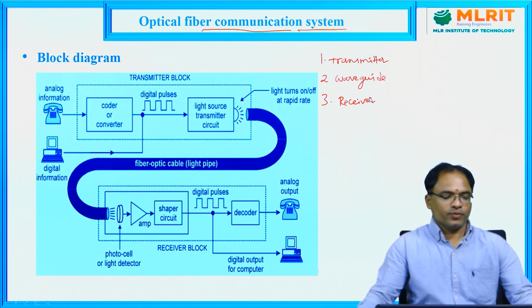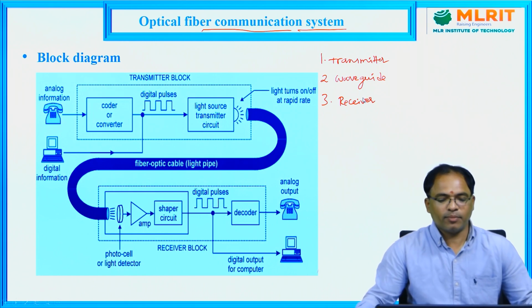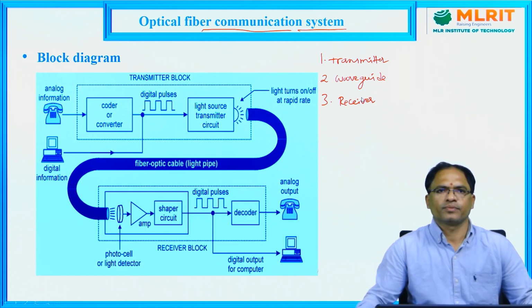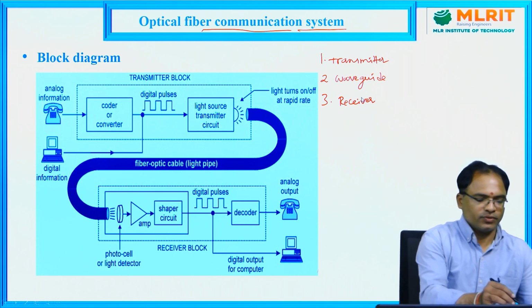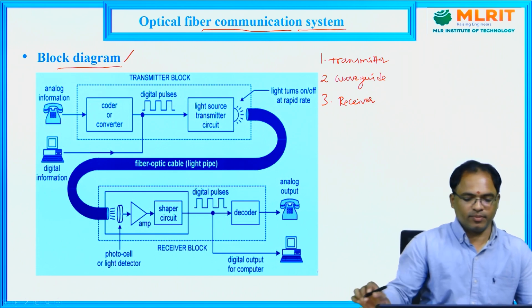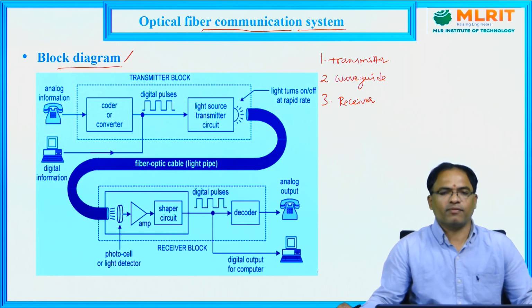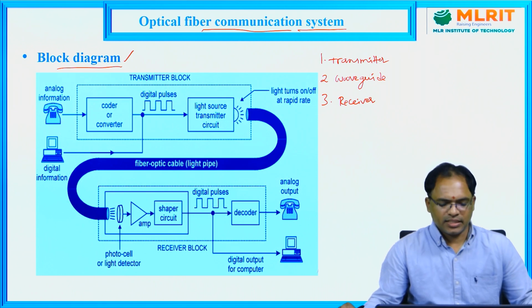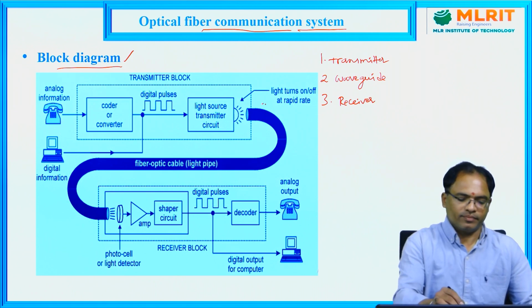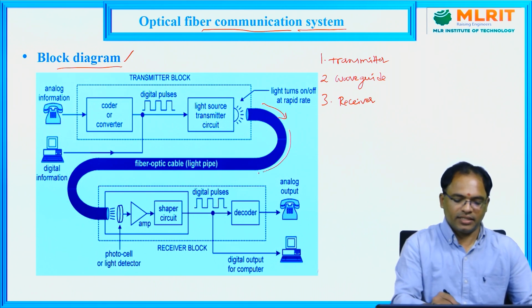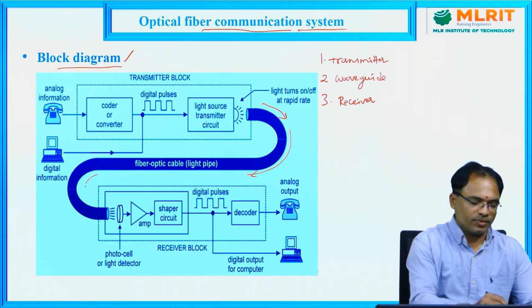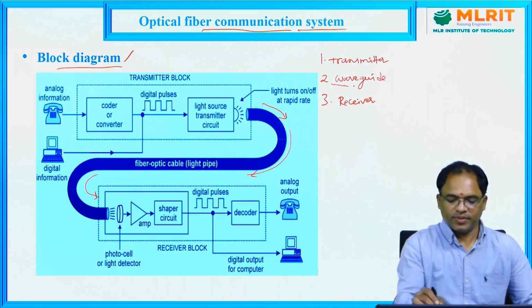Now, what is the role of optical fiber in a fiber optical communication system? By seeing this block diagram, you can understand the role of optical fibers. Optical fiber simply acts as a guiding medium. It guides light through it from transmitter to receiver. That is why it is called a waveguide.